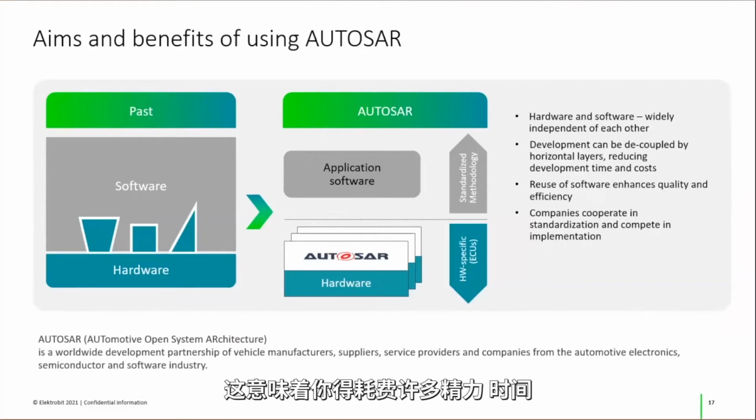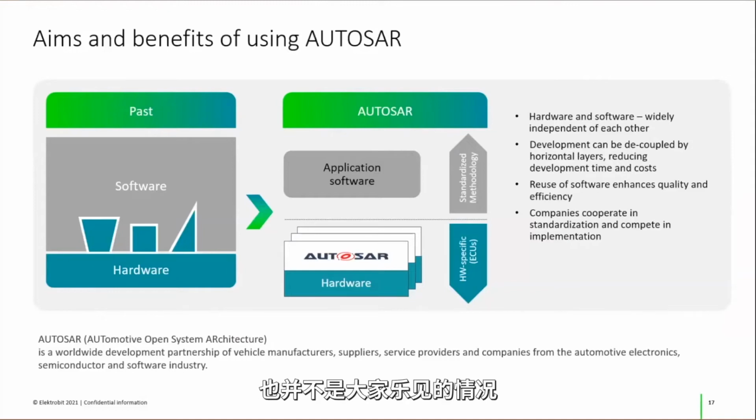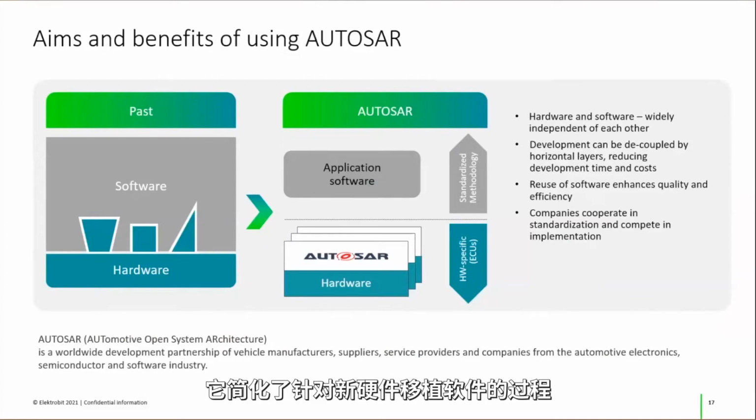This means it takes a lot of effort, a lot of time, and of course you would by accident also add new bugs to that software that were not in there before. Since this is known to be an unpleasant task and not really desired, AUTOSAR comes into play to ease up the porting to new hardware, and it has other side effects and benefits.